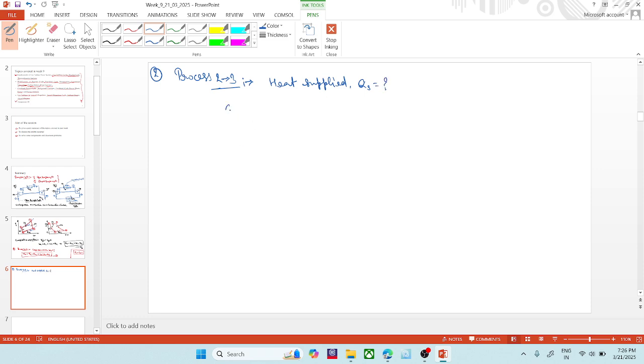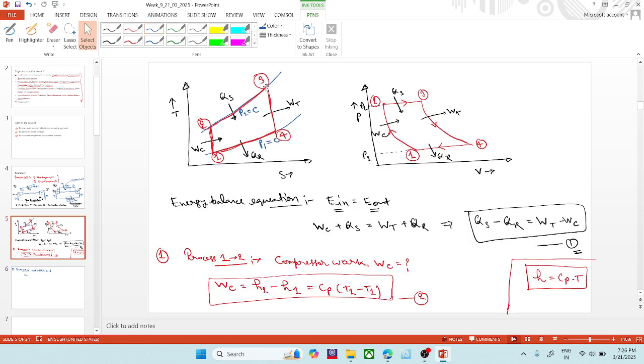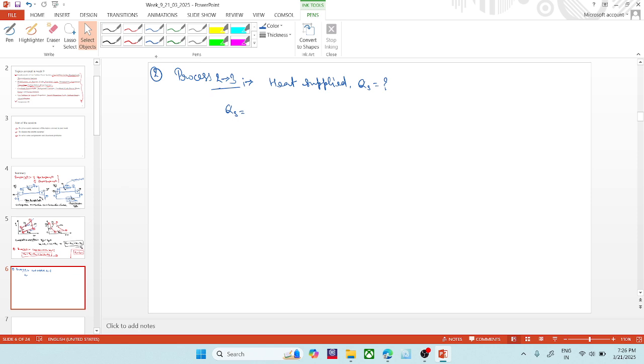QS would be the enthalpy at point 3 minus enthalpy at point 2, H3 minus H2, which is equal to Cp T3 minus T2, equation number 3.